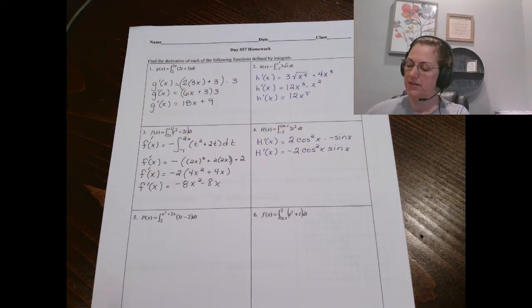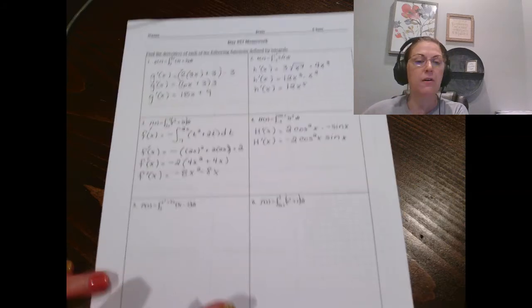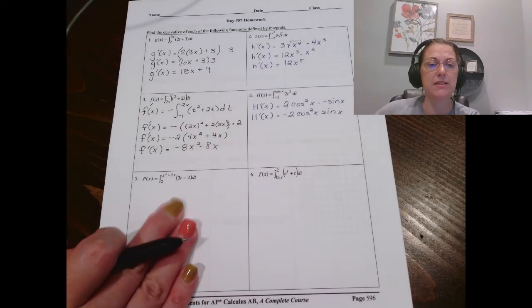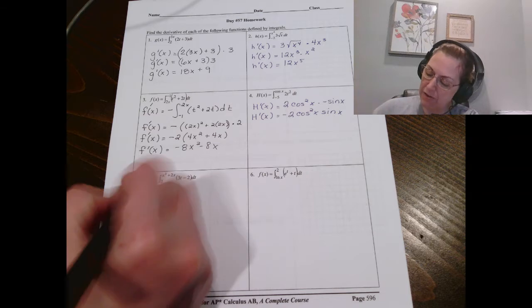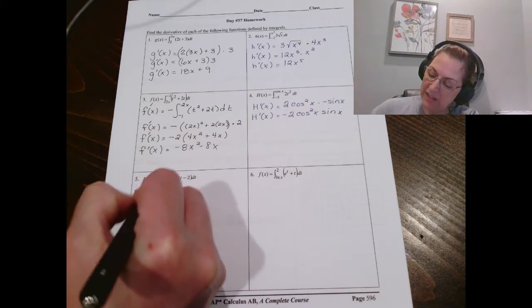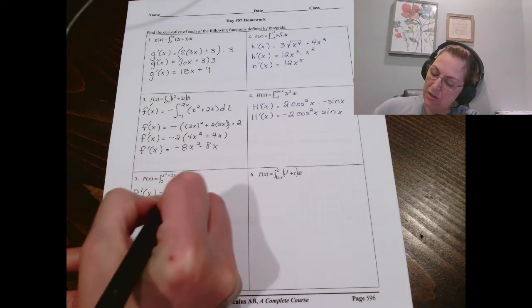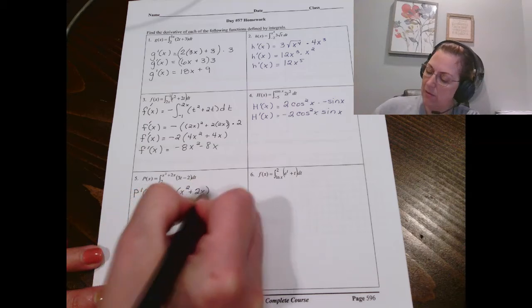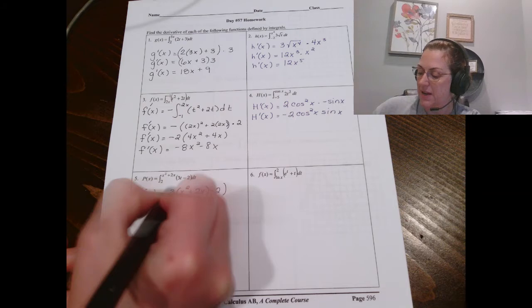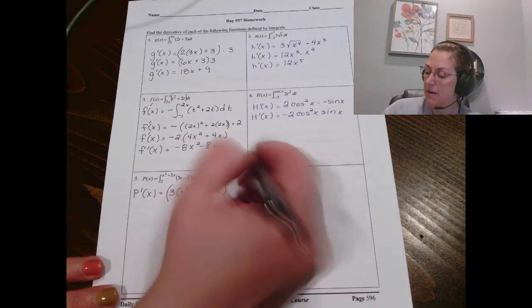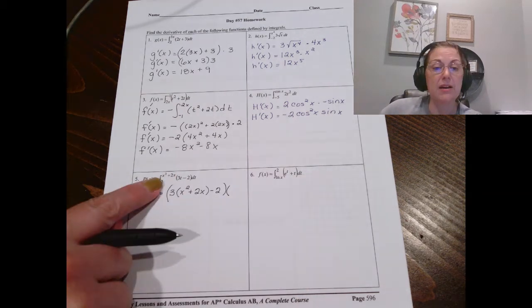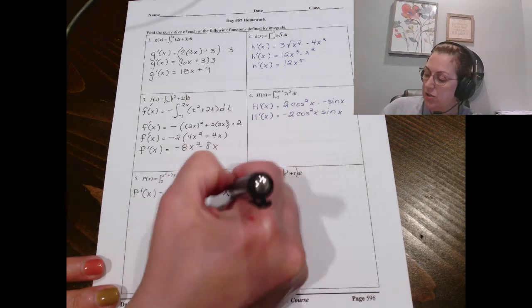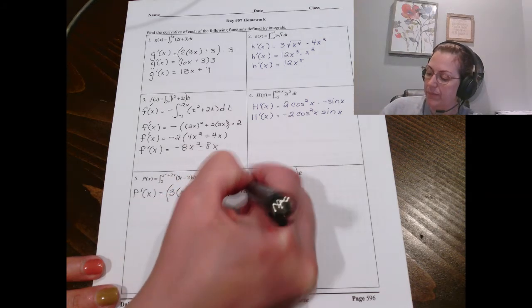All right, number 5 here, we have the lower bound as the constant, the upper bound is the function. So we take the derivative by substituting in that upper bound and then making sure we multiply by the derivative of that upper bound. So the derivative here would be 2x plus 2.